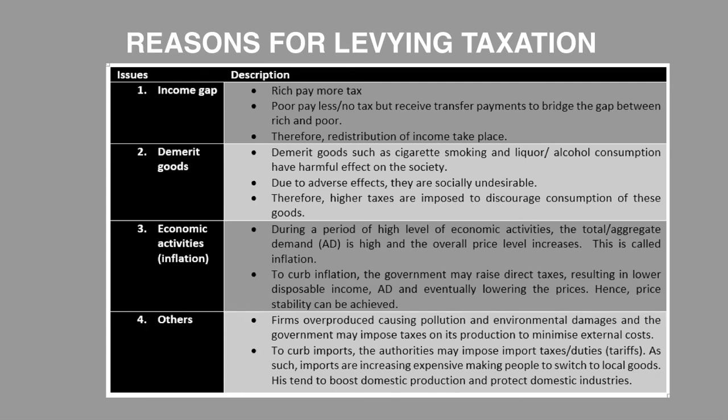So other issues such as overproduction of companies can cause pollution and environmental damages. To reduce overproduction, or to reduce pollution and environmental damages, the government may impose tax on companies.